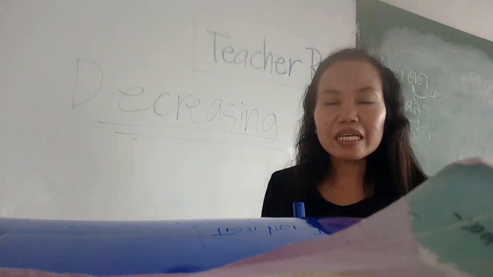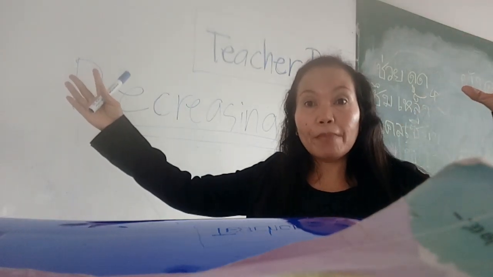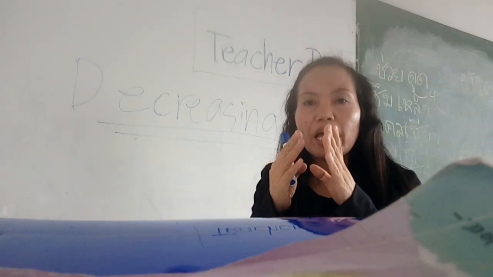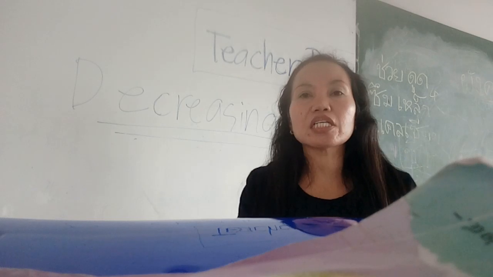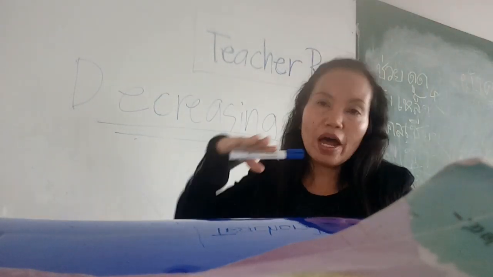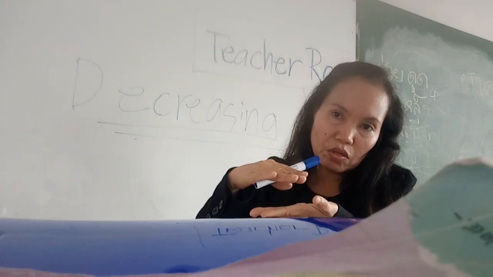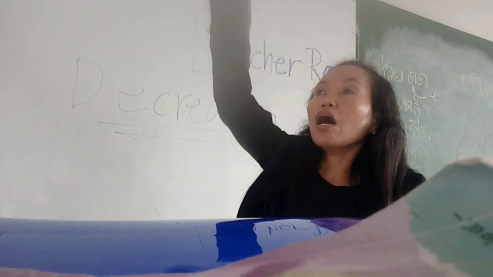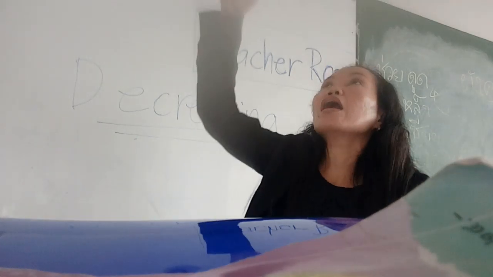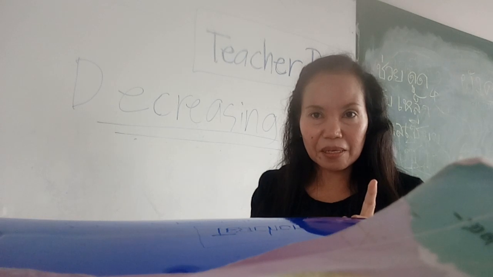Okay. Decreasing, class, is from big to small. Again, decreasing is from big to small or from tall to short. Okay, decreasing.